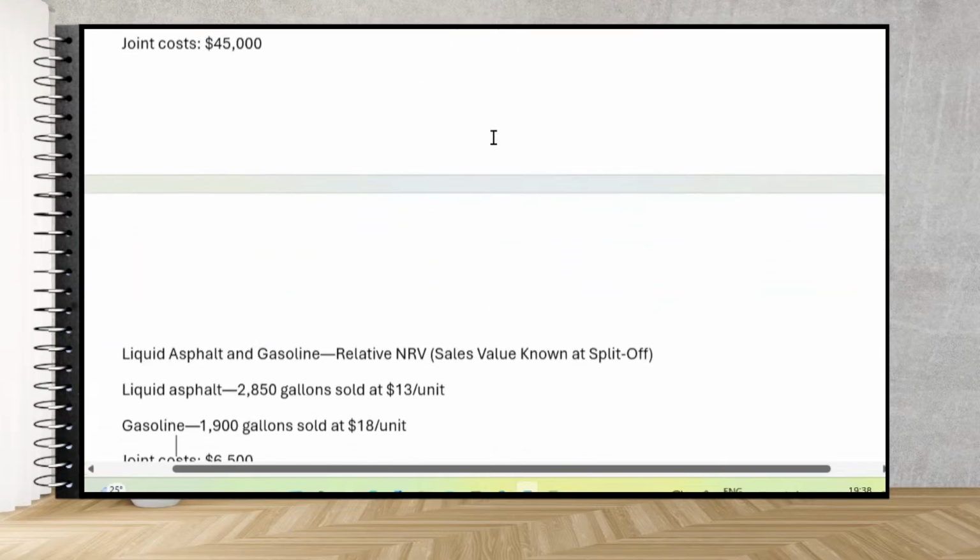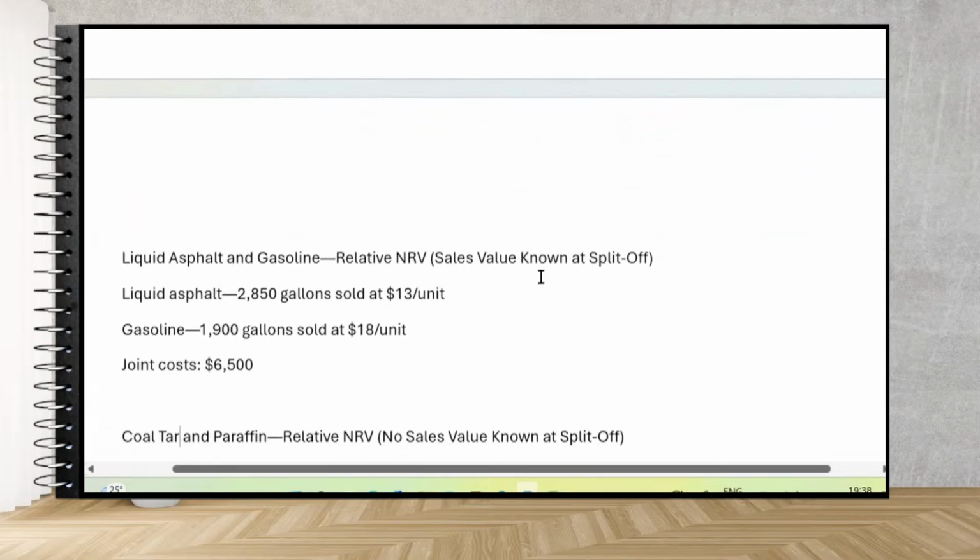Next, it is relative NRV, with sales value known at split off. If we are aware of the sales value, then we need to consider that only. So liquid asphalt, it is 2,850 gallons sold at $30 per unit.